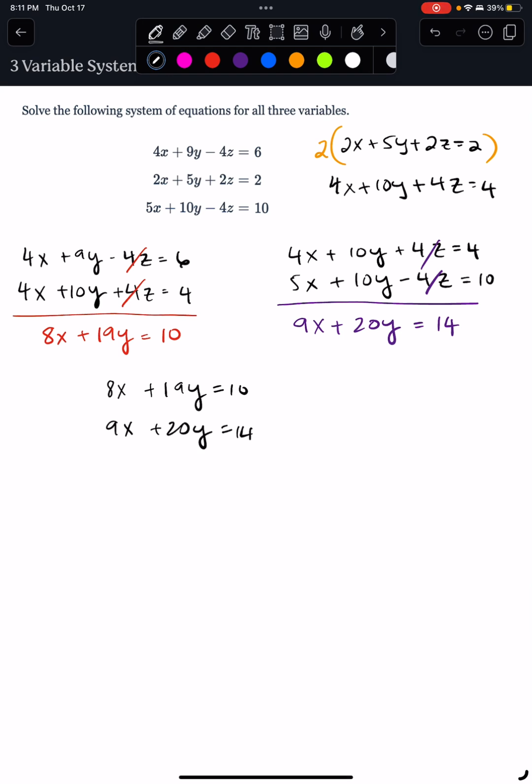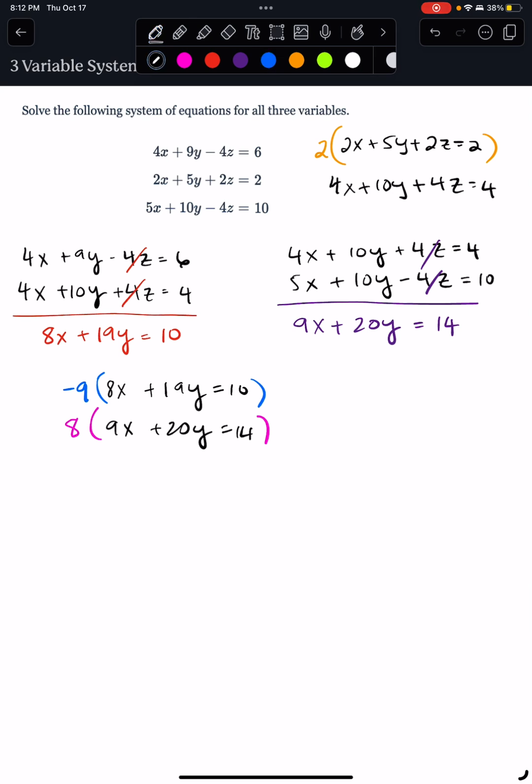In both of these situations, we're going to need to create opposite coefficients. So I think it would be easiest to deal with our x's. We're going to want our leading coefficient for our x's to be 8 times 9, which is going to give me 72. So let's take our first equation and multiply it by negative 9. That way our first equation has a negative x value. And let's take our second equation and multiply the whole thing by 8.